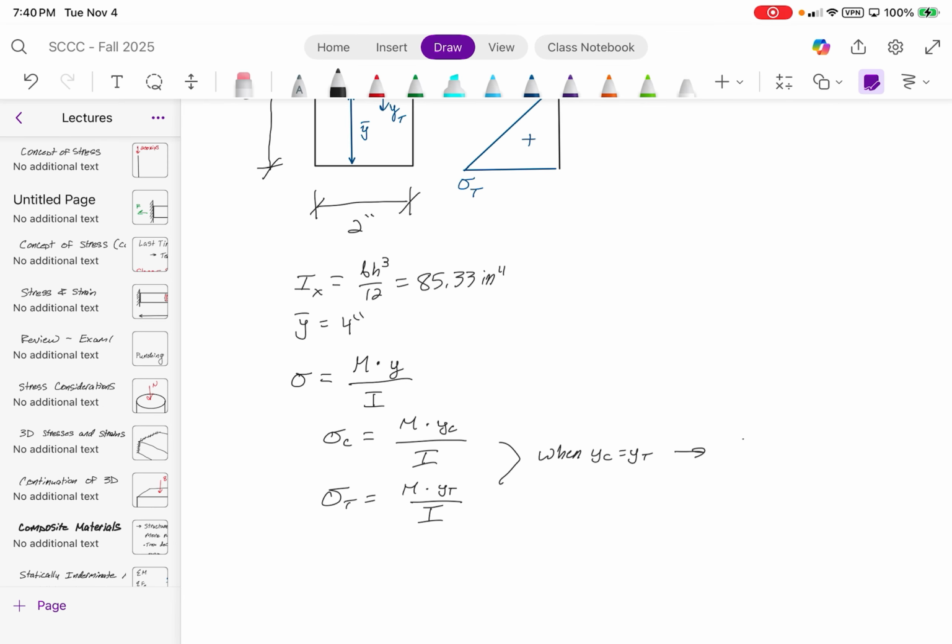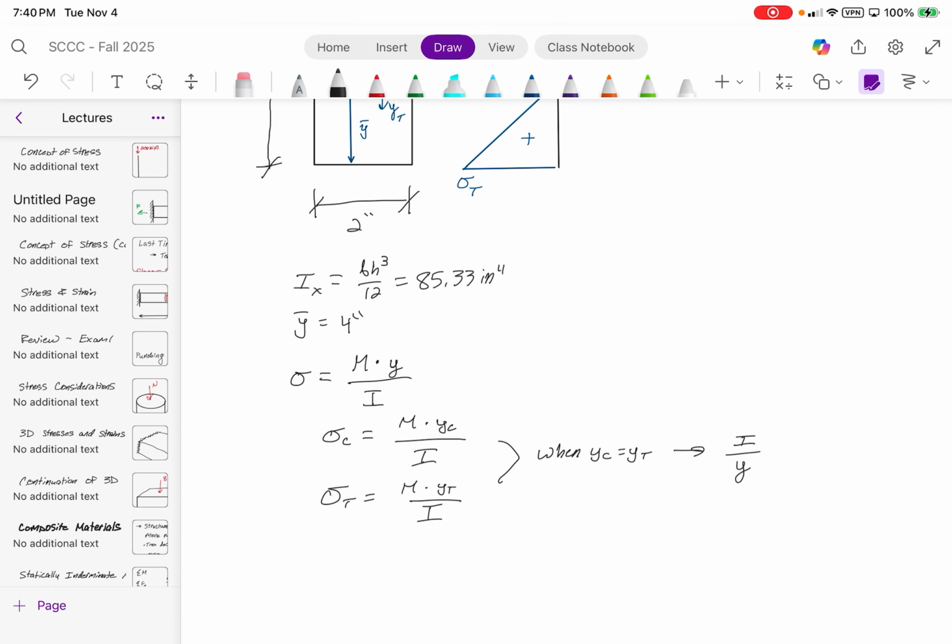Then the ratio of I over Y, we set this equal to what we call a term S. This is the section modulus.